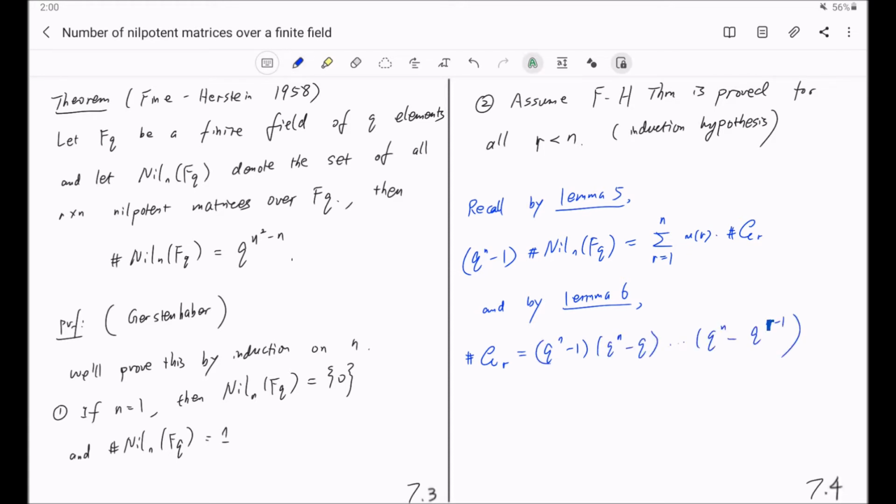What is unknown is this number M of r. We'll find this out using our induction hypothesis.